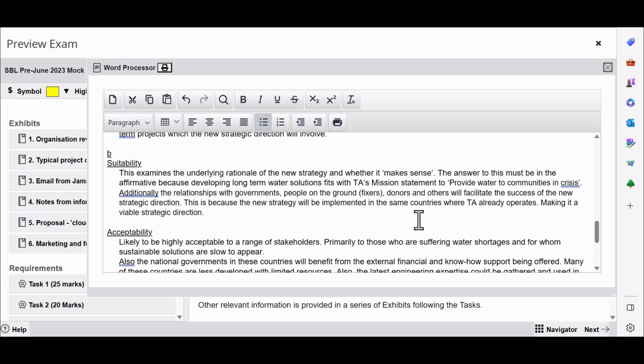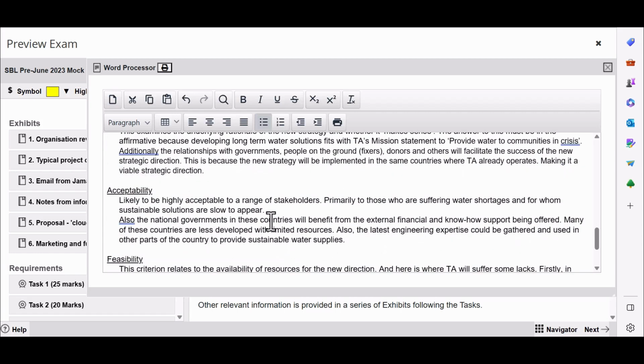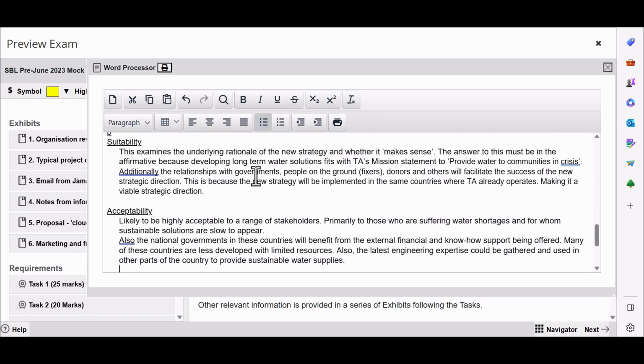Additionally, the relationships with governments, people on the ground, fixers, donors, and others will facilitate the success of the new strategic direction. So we've already got a network on the ground, and that's going to help us with our new direction. It's because a new strategy will be implemented in the same countries where TA already operates, making it a viable strategic direction. Okay, there you go.